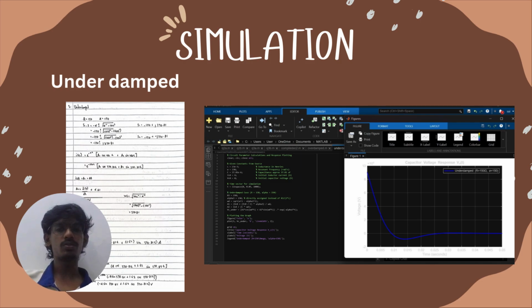So now let's look at the MATLAB simulation. As you can see, we have taken the formula and equation as a base model for this coding. The same as before, circuit parameter calculation, and we move on with the given values and answers.